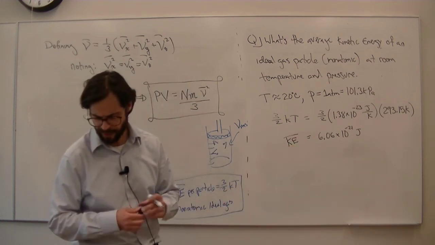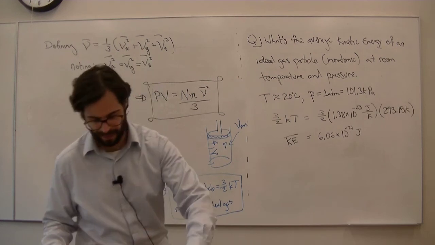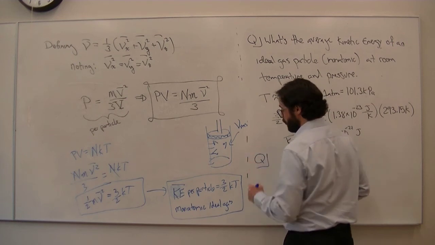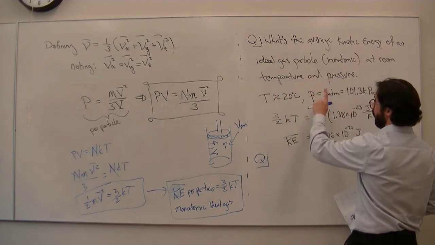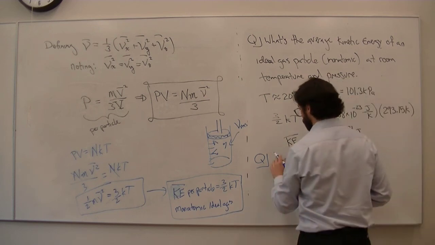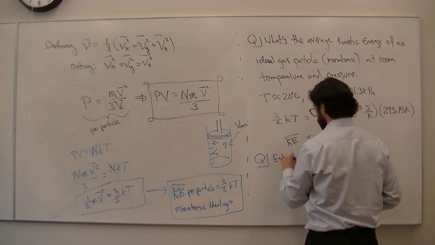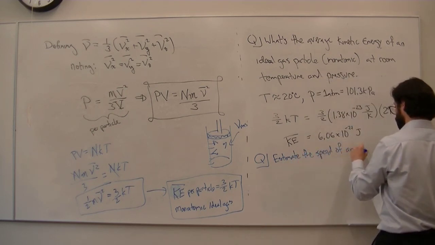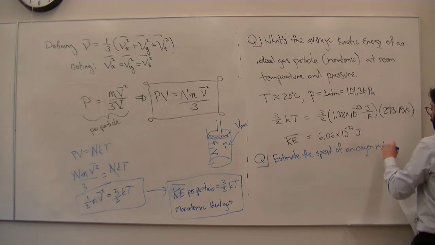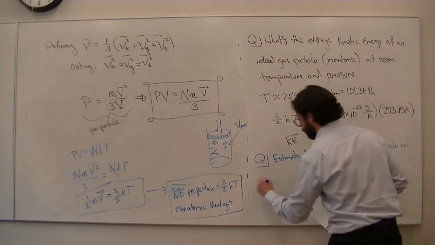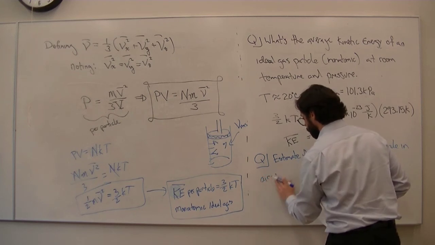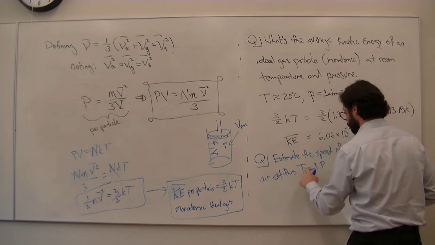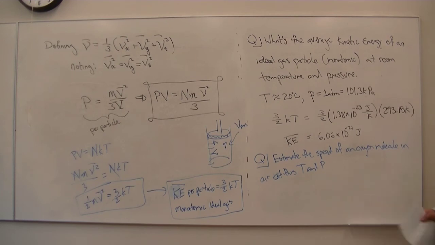Okay, this is a little bit of a stretch, but let's use this to estimate. The reason it's an estimate is because oxygen is not a monatomic ideal gas particle, but it'll give us an order of magnitude right answer.